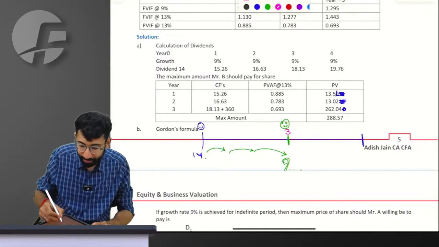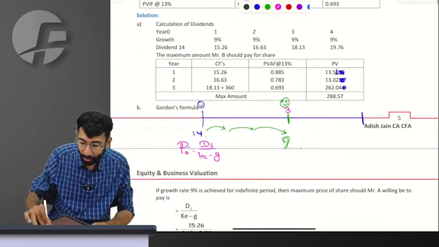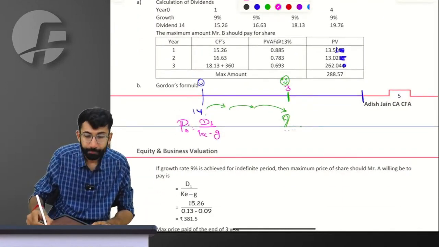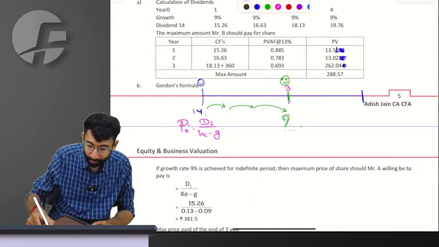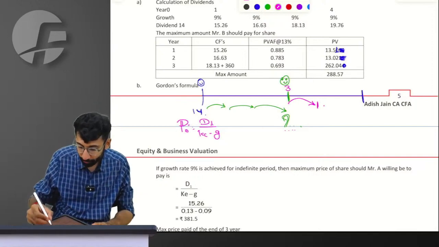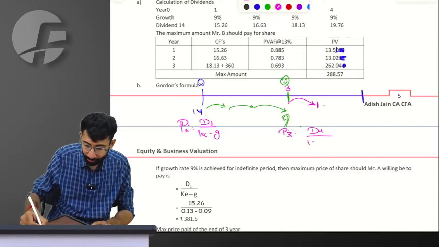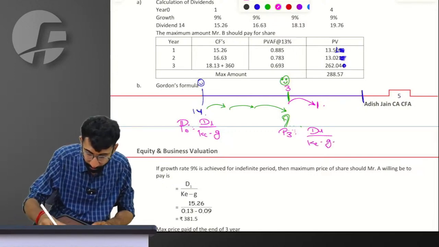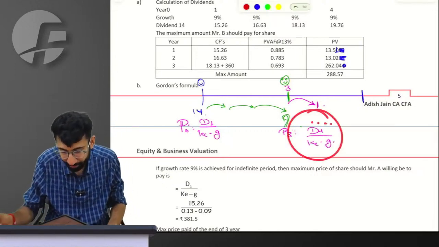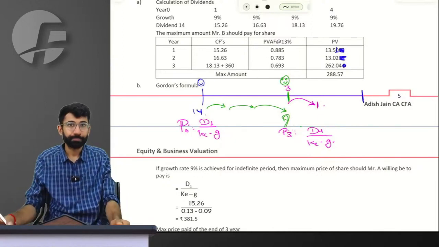Now, do you realize when you are finding P0, we used to take D1 divided by K minus G. Now, when I stand here, obviously I'll have to take the dividend of further next year. So at the end of third year, if I stand, I will say P3 will be D4 divided by K minus G. Are you people understanding the fact that we need D4 for the calculation now?